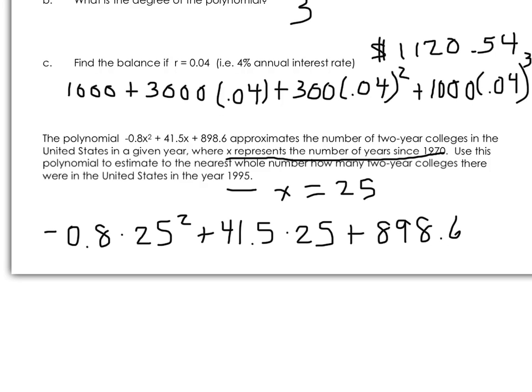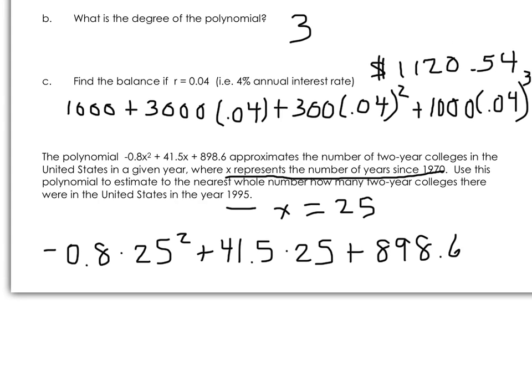And we get 1,436.1 two-year colleges. According to this polynomial, there are 1,436.1 two-year colleges. We probably should just round that off to the nearest whole number. So how about 1,436? Approximately that many two-year colleges in 1995. That's all for this section.